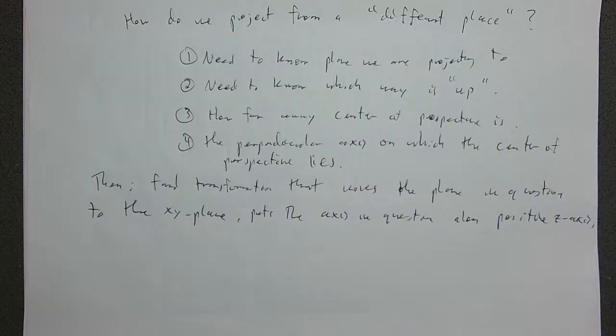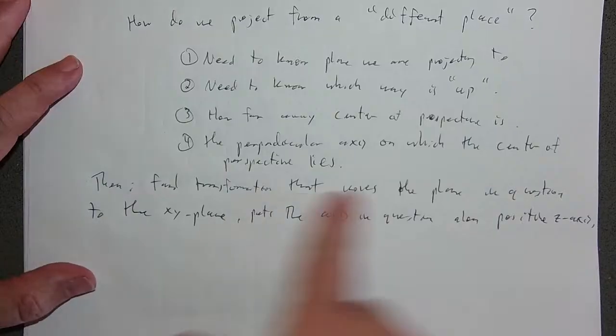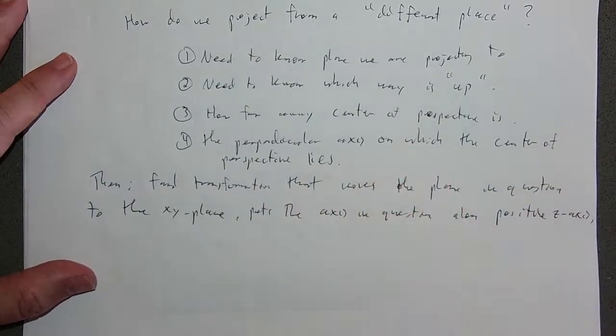It rotates around the positive z-axis so that the up direction points in the positive y direction, we'll say, since the view of up is going to be determined by a vector in the plane itself.